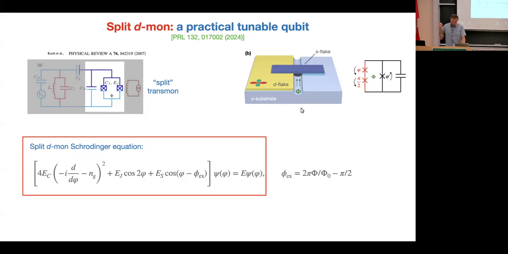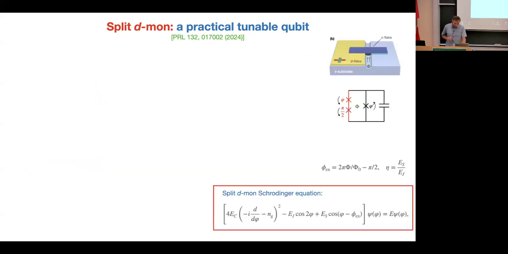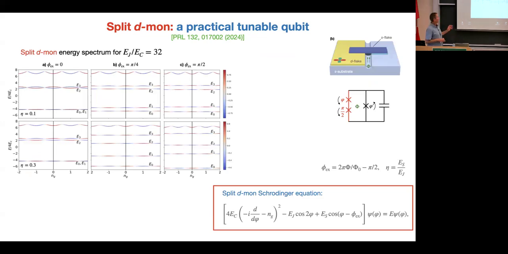And then you can solve this transmon equation for this kind of split transmon or d-mon geometry. And I don't want to go to details. There's a lot to unpack, but basically there's various parameter ranges that you can put this in. And in most of them, the spectrum as a function of this offset charge looks something like this. And you can see right away that generically you get two features. First, there's this insensitivity to the offset charge. Again, this is the same as transmon, but for most of these parameters, you find that there is a tunable and potentially large anharmonicity.